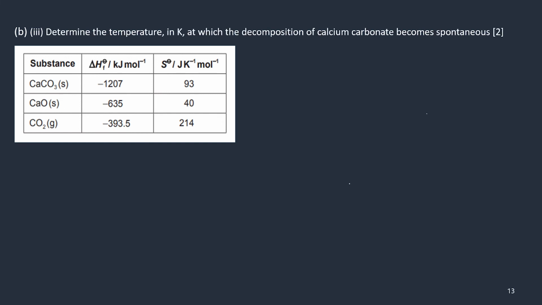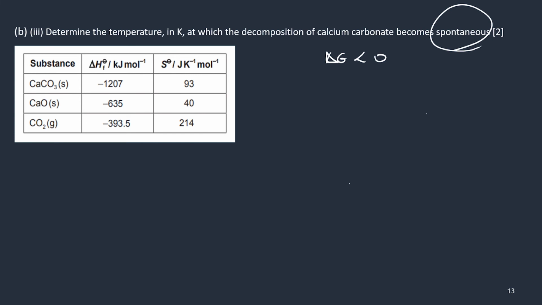And so for part 3 of B, they want us to find the temperature at which calcium carbonate decomposes spontaneously. And so remember, for spontaneous decomposition, we need Gibbs free energy to be less than 0.